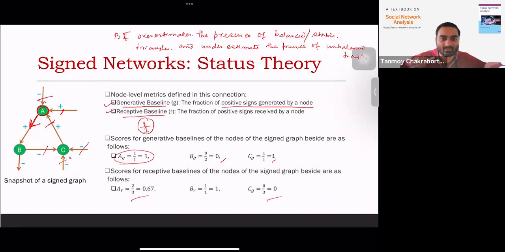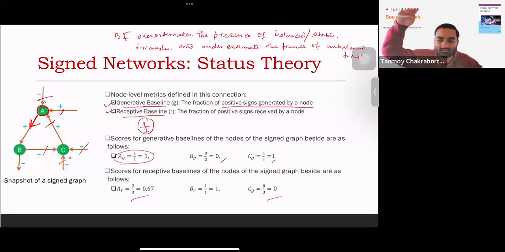So if there is a balance between generative baseline and receptive baseline, then you think that this guy has a reasonable position. Whereas if the generative baseline is much higher and the receptive baseline is lower, it means that this guy also thinks that he is inferior, and other nodes also think so.